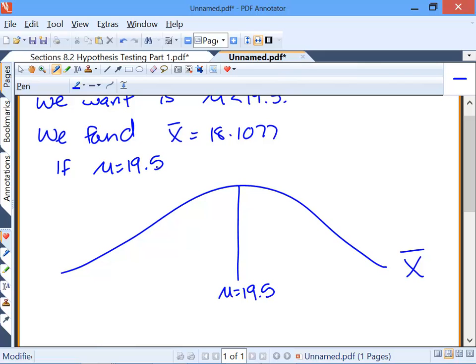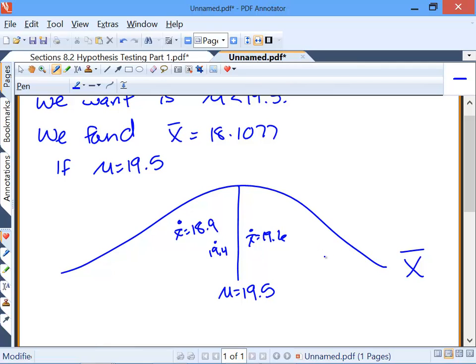okay, then could I by chance happen to get an X bar value of 19.6? That's possible, right? It's also possible that I could have gotten 19.4. I could have also gotten 18.9.